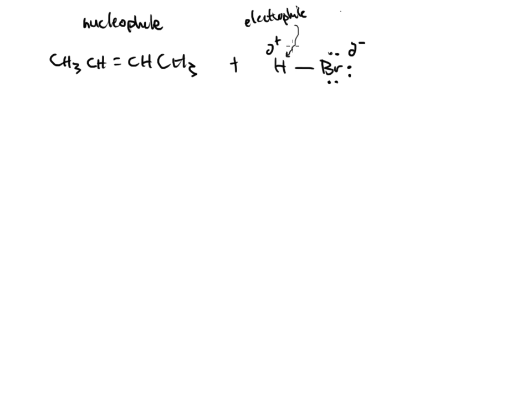It's not on the entire molecule, because that hydrogen is slightly positive. That slightly positive piece means that it could be slightly electron loving, and if it's slightly electron loving, it meets the definition of an electrophile, and there we go. We have the two pieces of the recipe that makes this thing work. We have a nucleophile, which is a negative area, and we have an electrophile, which is a positive area.